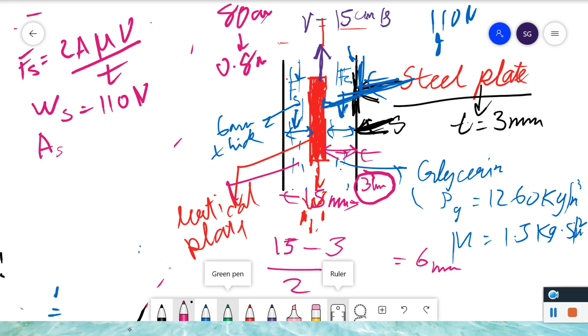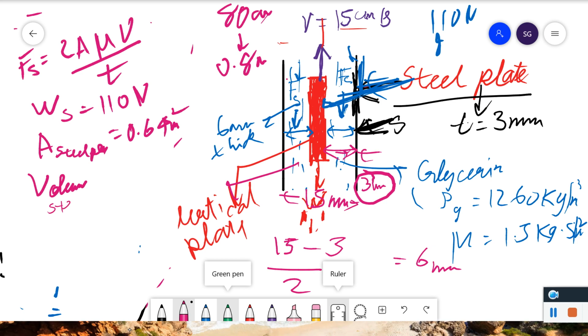Area of steel plate is 0.64 meters square. Volume of steel plate is 0.00192 meter cube.